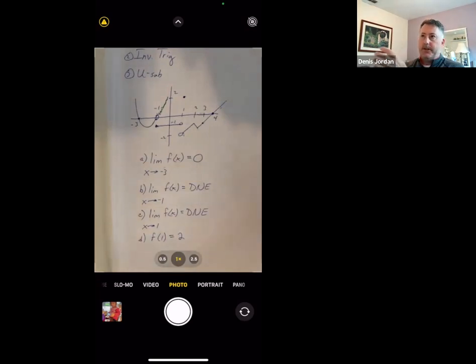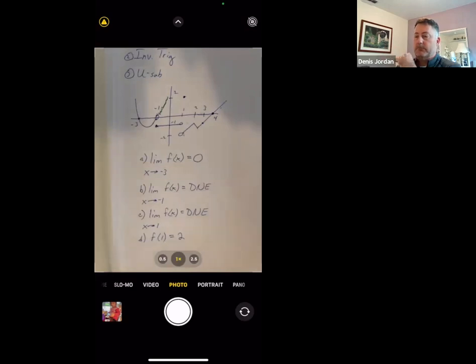What I should have done is given you an interval to search in, because technically, if the particle was going along that curve, there would be no maximum or minimum velocity. It would just keep increasing because it's a polynomial. So that's why I tossed it.